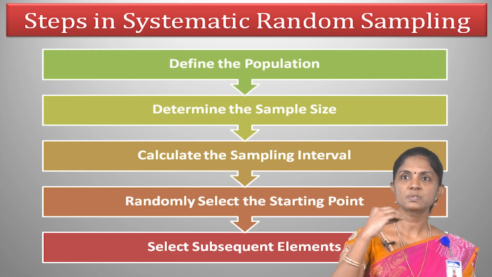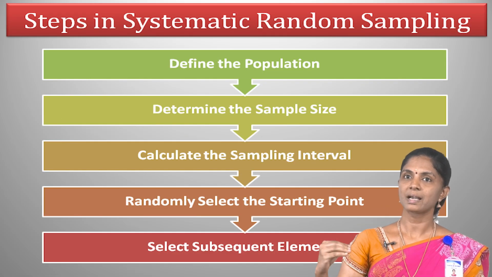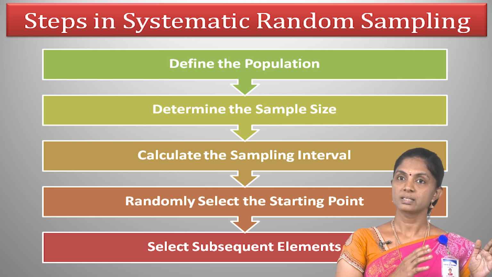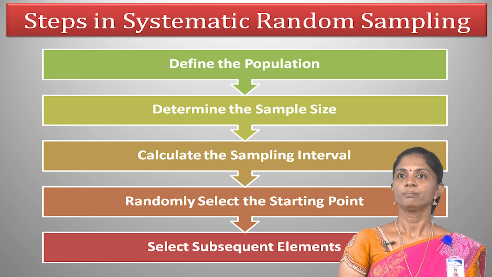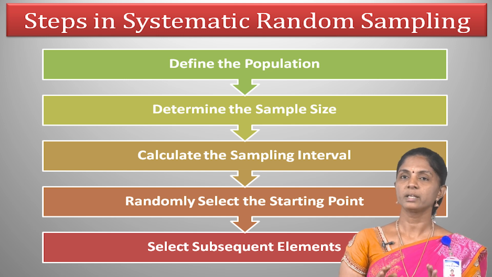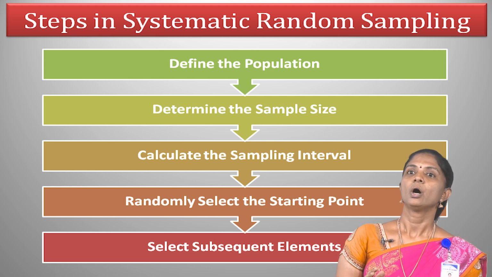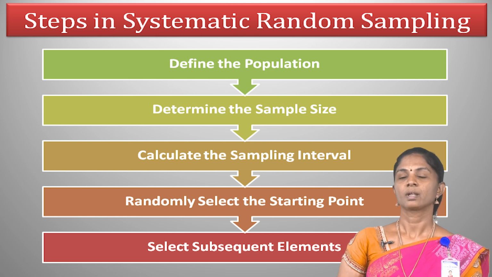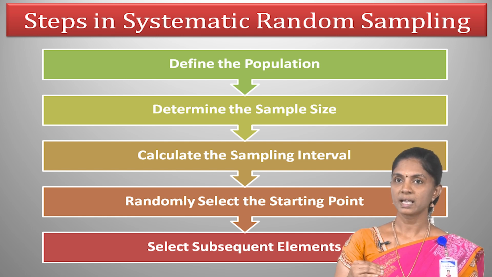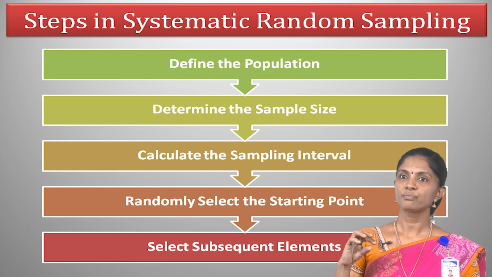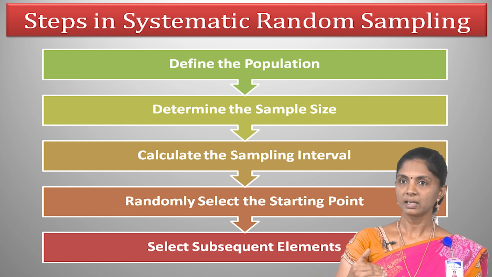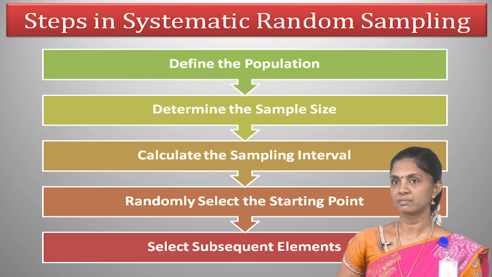So what are the steps in systematic random sampling? First, the same step, define the population. Clearly define the entire population you want to study. Define the sample size. Decide the total number of individuals to include in the sample. Calculate the sampling interval.